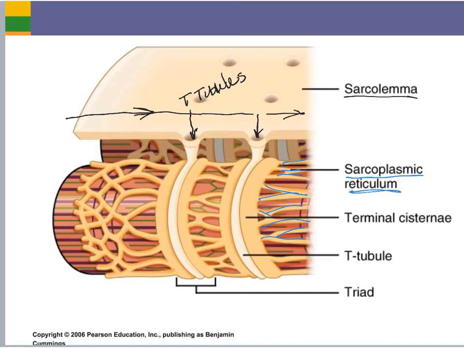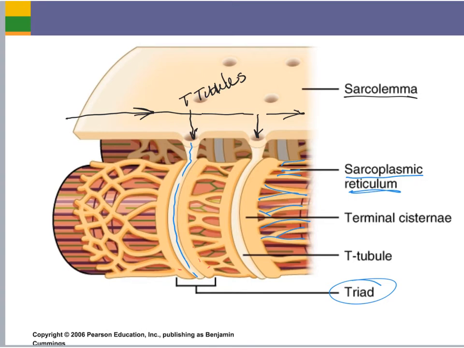The part that you really need to pay attention to, though, is this triad. So we have the T-tubule here, this middle part. And then on the outside of the T-tubule are the terminal cisternae. So this is the terminal cisternae of the sarcolemma. That looks really bad.